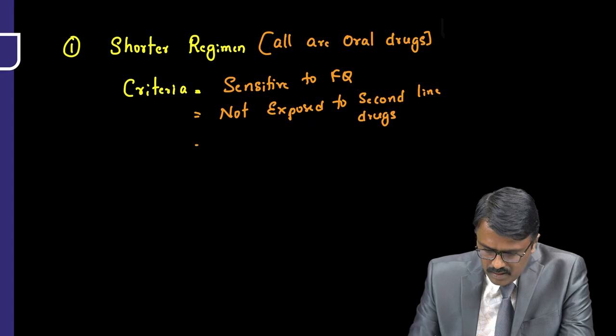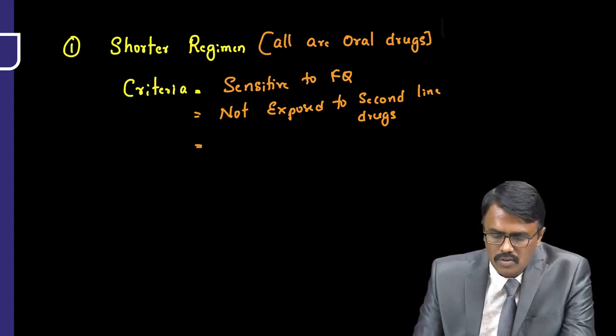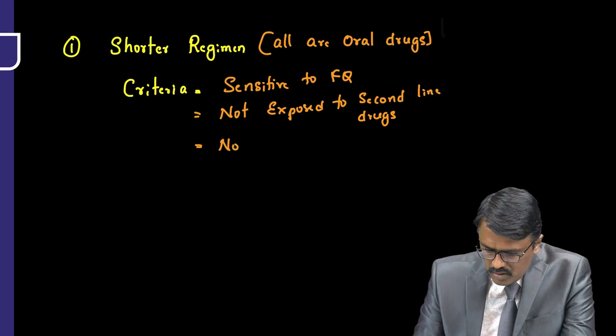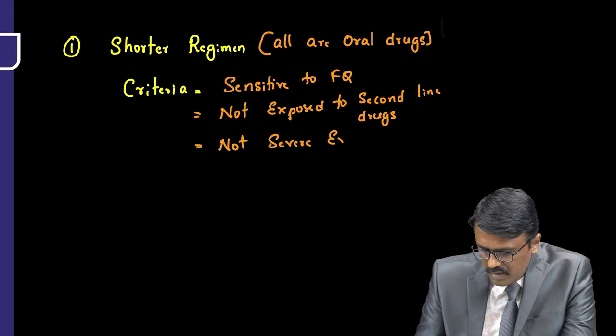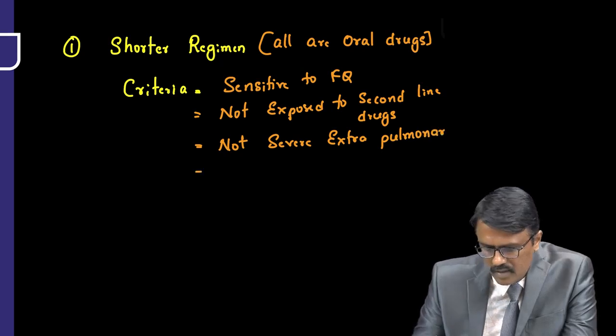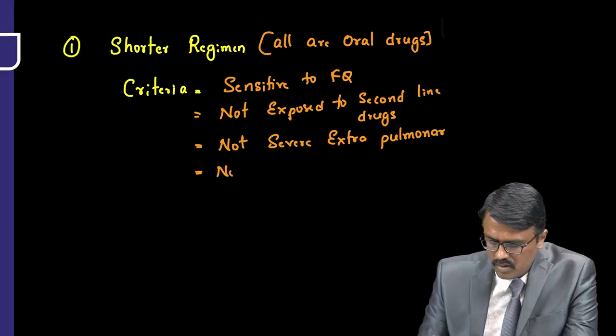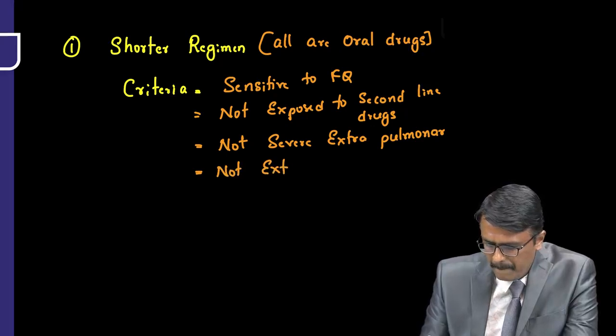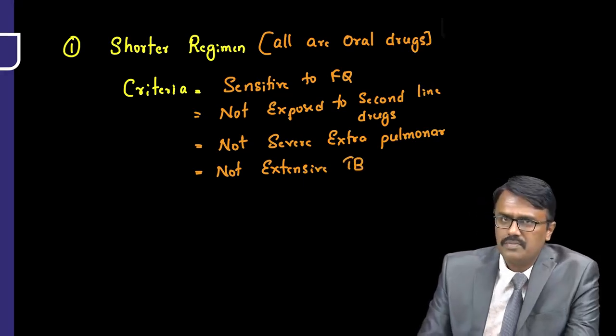The third important thing is the disease should not be severe, not severe extrapulmonary TB. It should be less severe, and the TB should not be extensive.